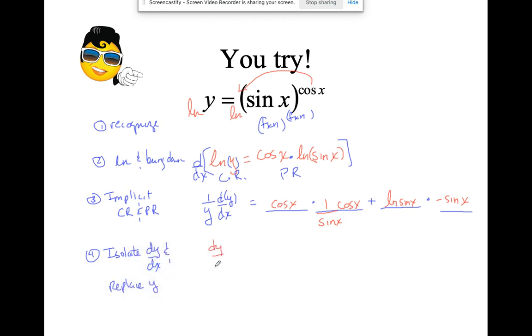So dy/dx is equal to y times all of that stuff. Now, how might this be written? This could be written as cosine x cotangent x minus sine x ln of sine x is one possibility.